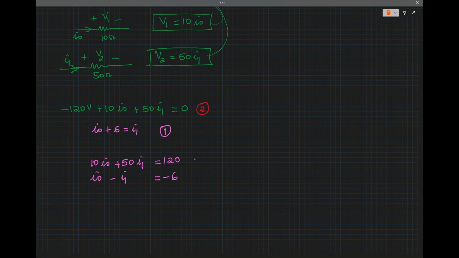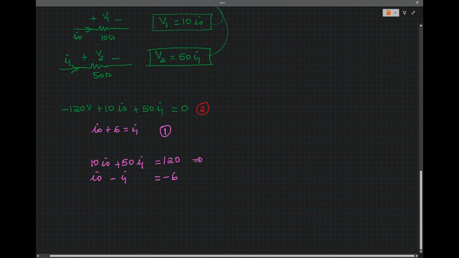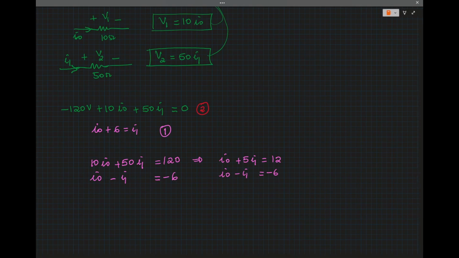Now the top equation, I can divide the whole equation by 10, so that gives me I0 plus 5 I1 equal to 12. Then I have I0 minus I1 equal to negative 6. So this equation will be easy to solve.